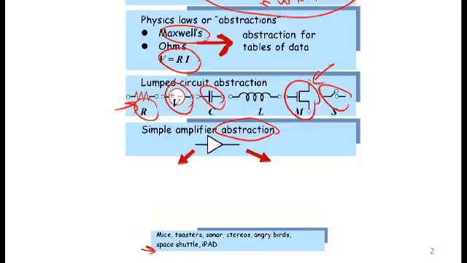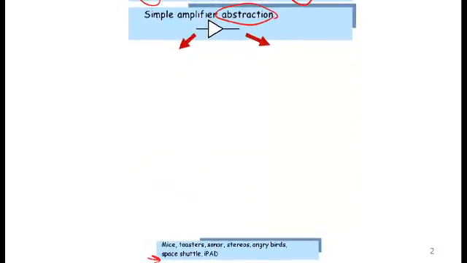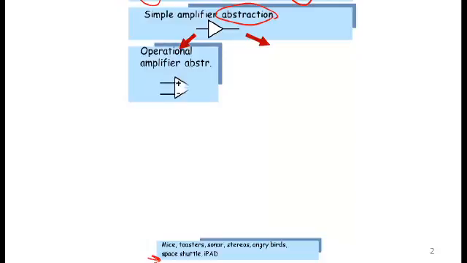So at this point, life can take a couple of turns once we build the simple amplifier abstraction. One thing we could do from there is use that to build what we call the operational amplifier abstraction. And then using that, we can build even more complex systems such as filters. Filters are able to process data in various ways and give us a set of outputs that might suit our purposes in engineering certain classes of systems.